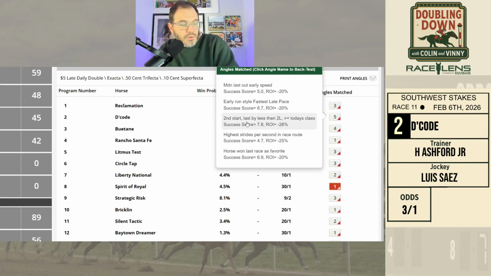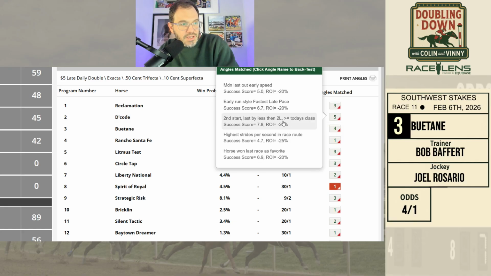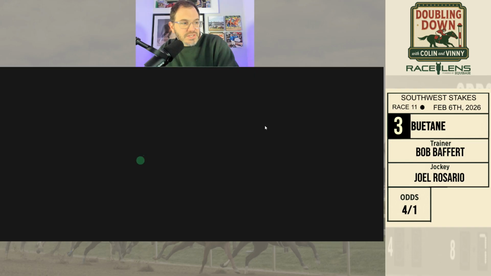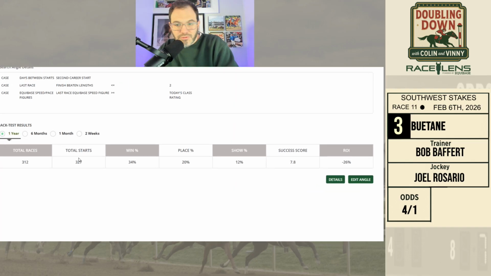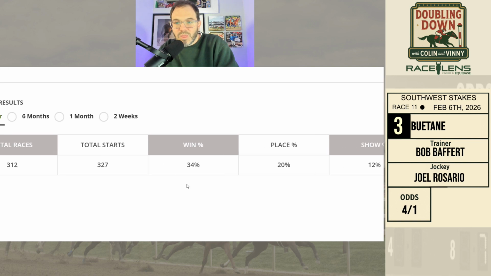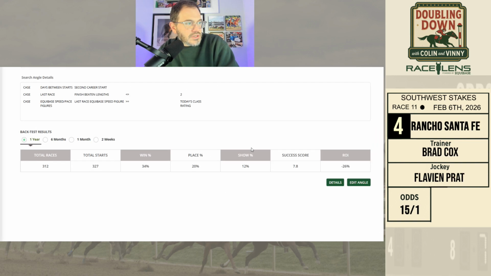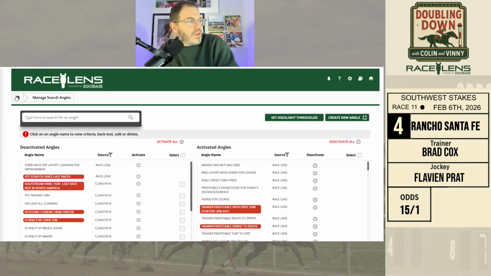Second start when the last race was won by more than 2 lengths and is increasing in today's class. You would think that would be a negative angle. Actually has a success score of 7.8. And over the last year, in 327 races, hitting at a 34% clip. So that's a very interesting angle that you get on 2 Decode as well.